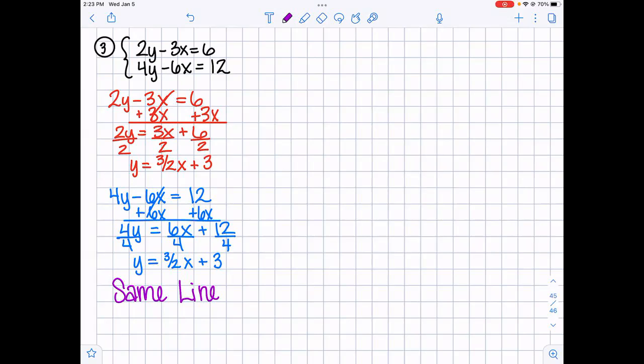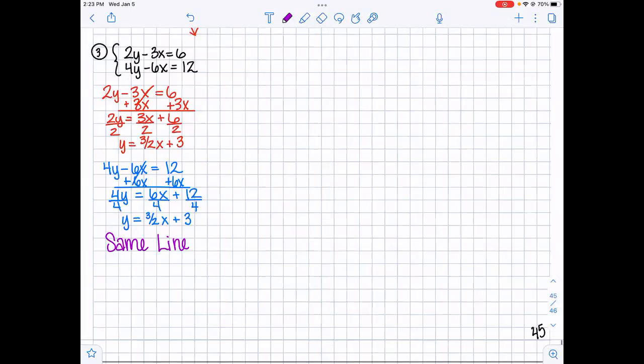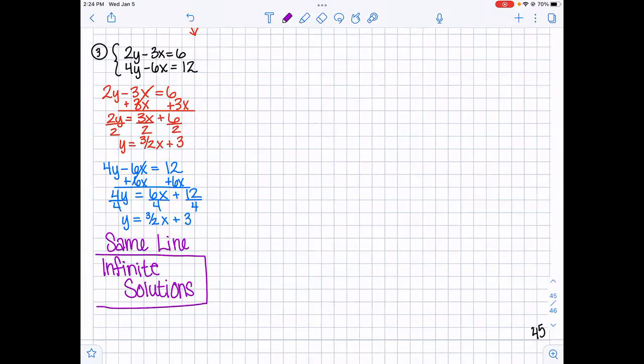So do you want to write down every point that that line goes through? No, that's a pain. So we're going to write infinite solutions. When you have two of the same line, we write infinite solutions. We're not going to graph that one. We don't need to. We know the answer.